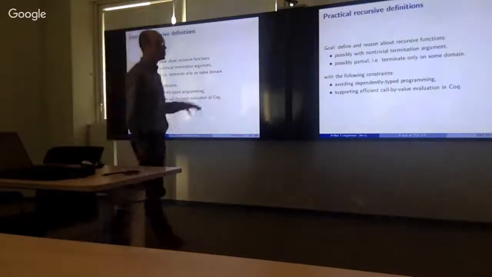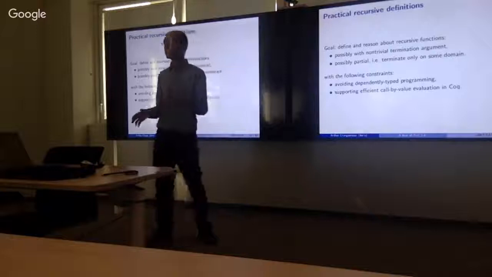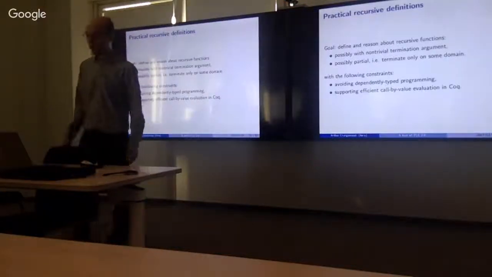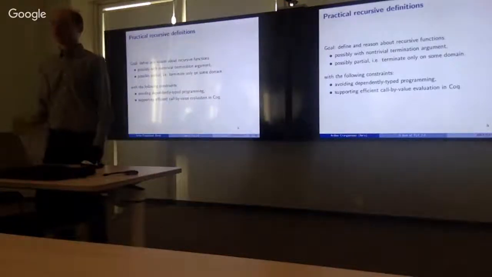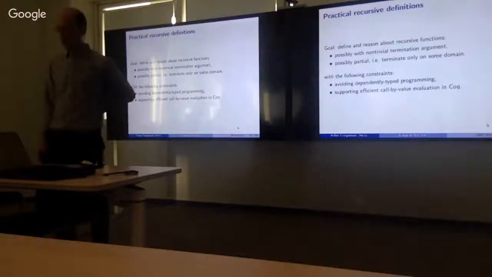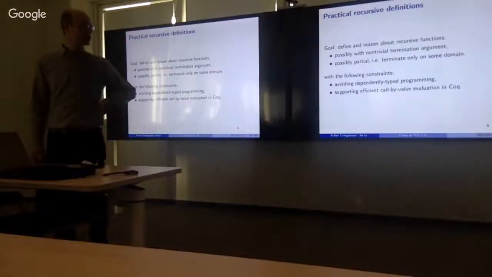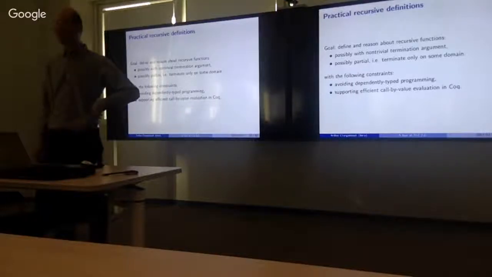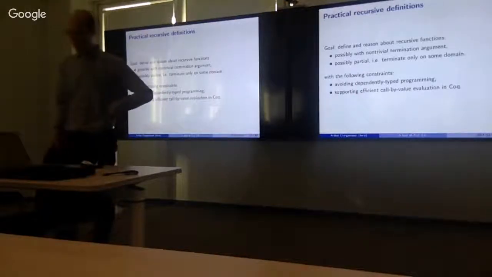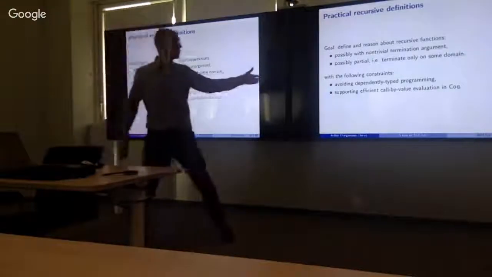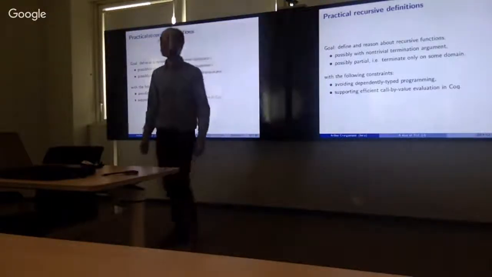The goal is to define recursive functions when they are non-trivial in terms of decreasing arguments, and also when they are partial, that is, they don't terminate on all inputs. And to do that without dependent type programming, because I think you understood by now that I don't like it so much. The new thing is to also be able to do efficient call-by-value computation using the definitions.